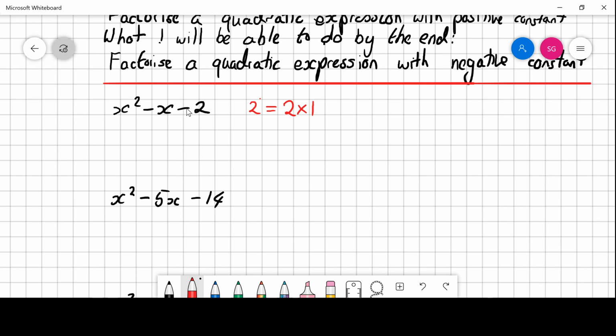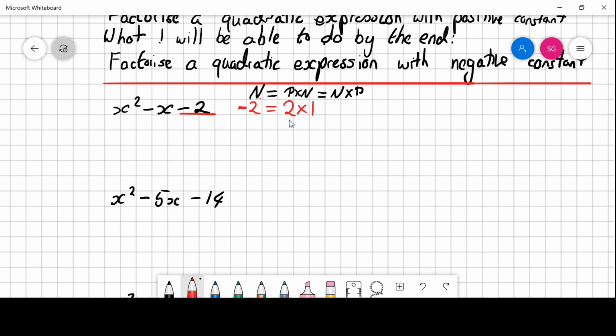But because this is a negative 2, you remember that when you're doing any algebra, a negative must equal a positive by a negative or a negative by a positive. So in order for this 2 to be negative, because it is a minus 2, one of these two values needs to be negative. So how would we figure this out?